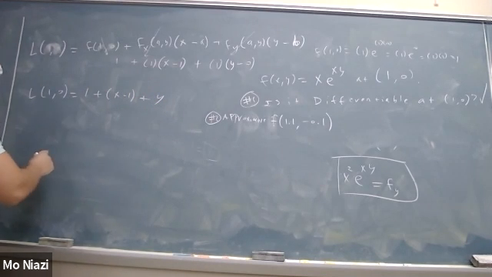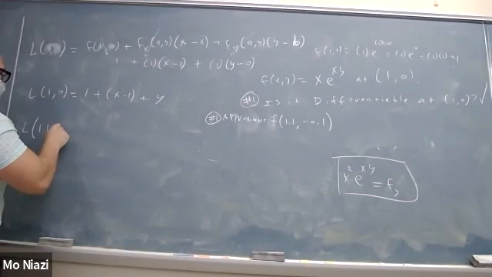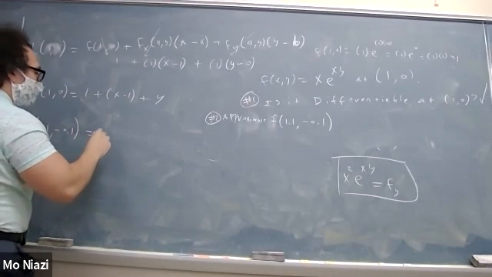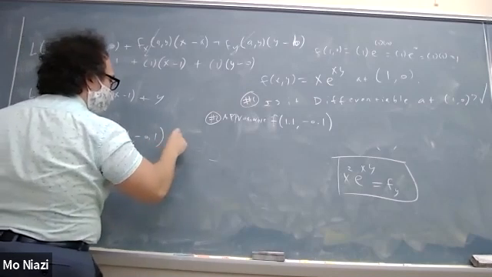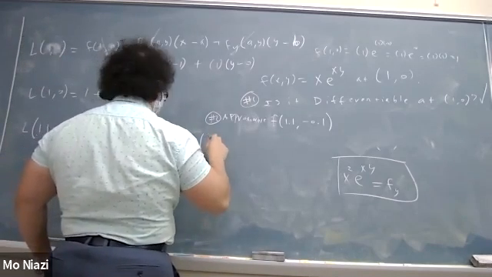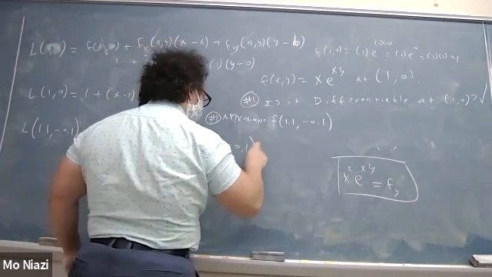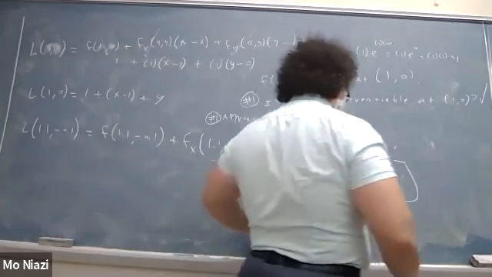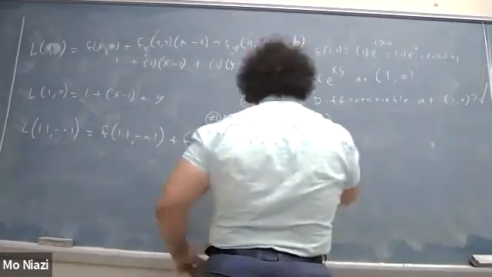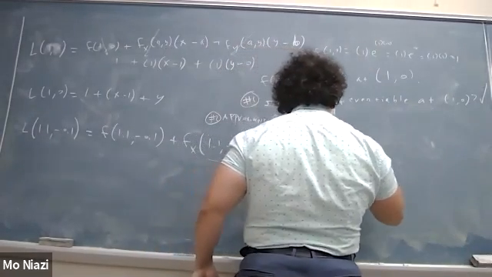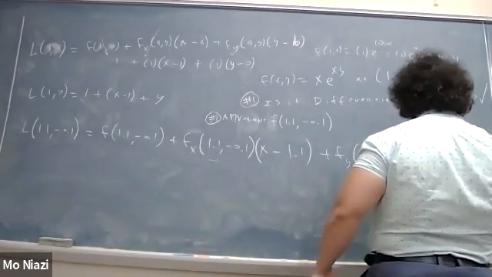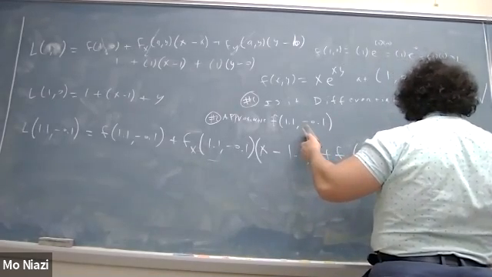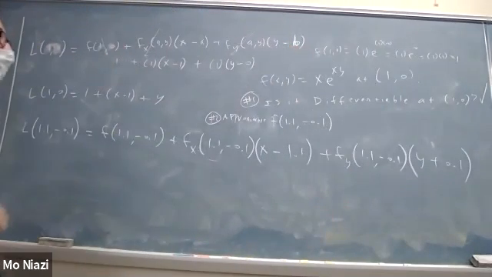So what is L of 1.1, negative 0.1? It's merely f of 1.1, negative 0.1 plus this function evaluated at these points, x minus my A, which is 1.1, y minus my B. So a negative minus a negative is a positive.